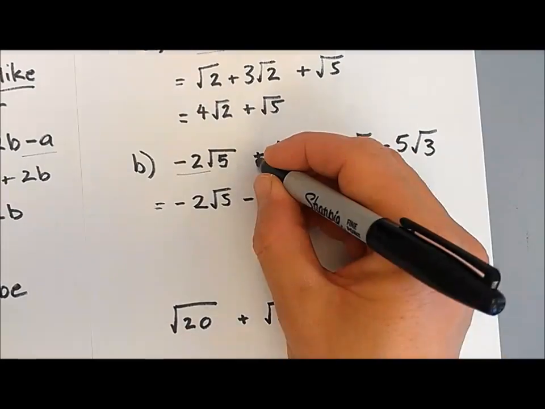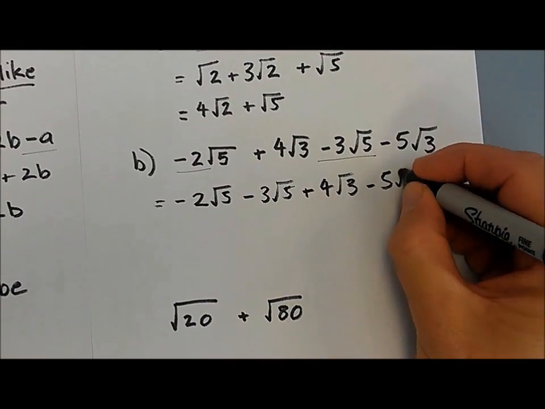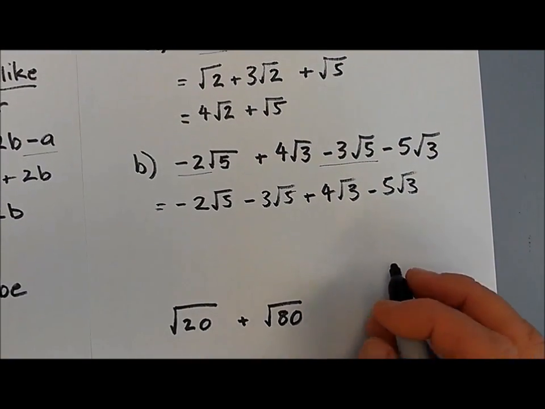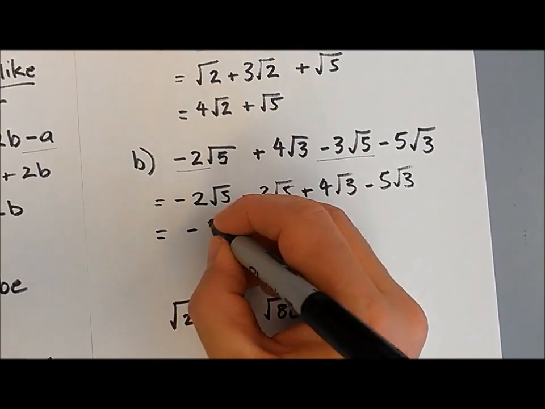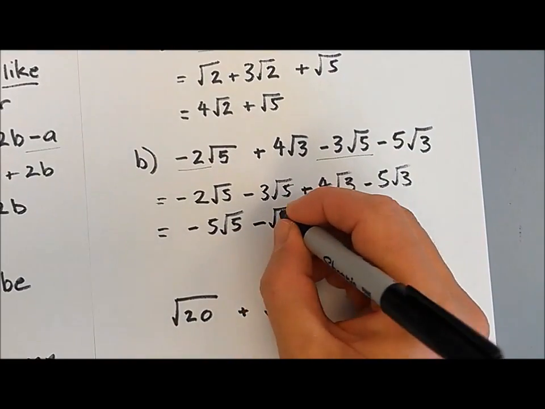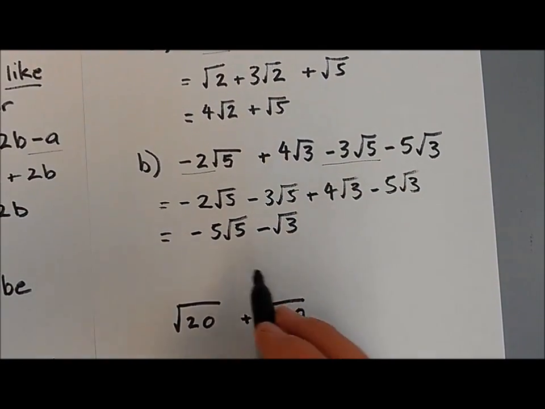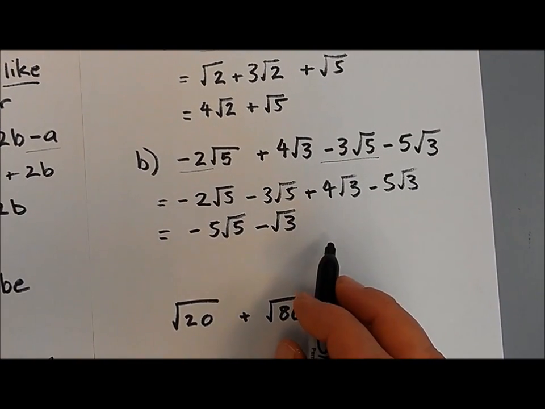So I have a plus 4 root 3 and a minus 5 root 3. And then I'll do these as two separate sums. Negative 2 take away 3, negative 5 root 5; 4 take away 5, negative root 3. And that way, again, only like surds may be added and subtracted. I stop at that point, I have my answer.